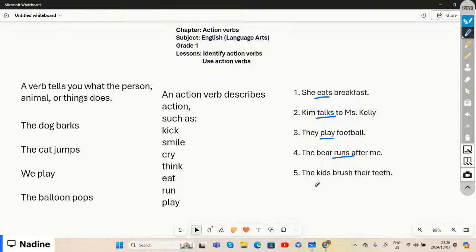And then the last one says, the kids brush their teeth. What are the kids doing?